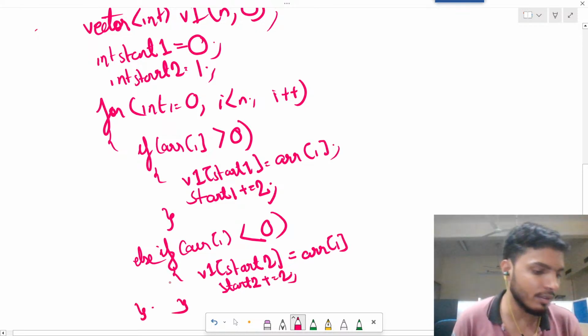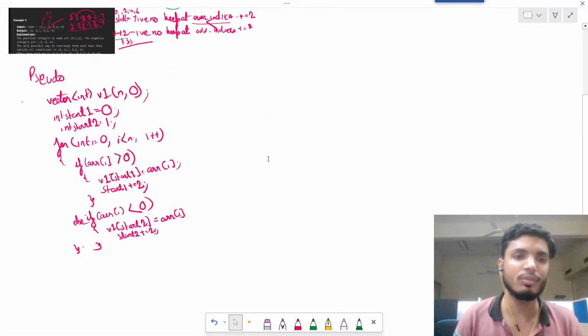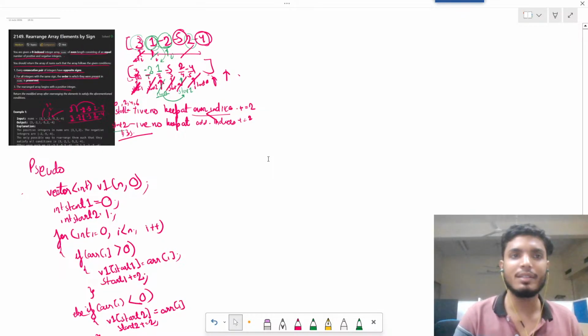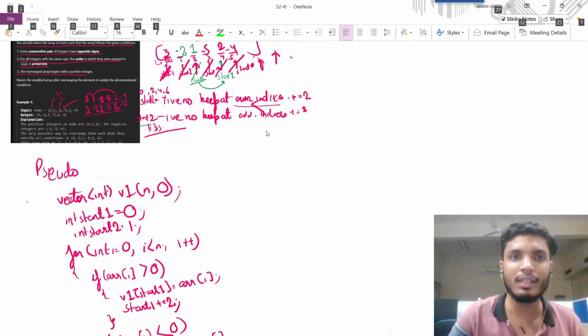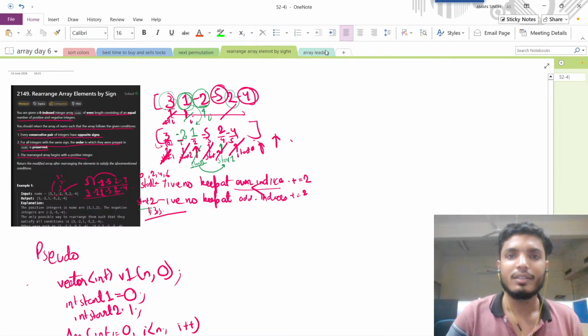Simple. This is the whole algorithm, the pseudocode which you need to write. Now let's move on to one more easy question, which is array leaders.